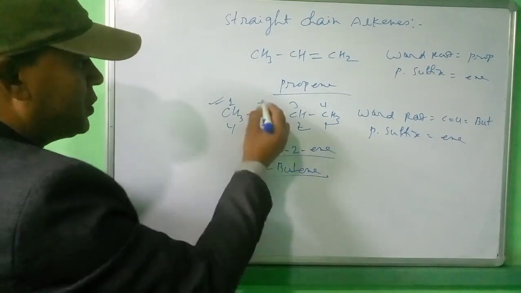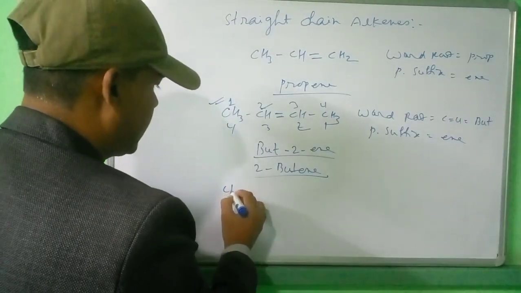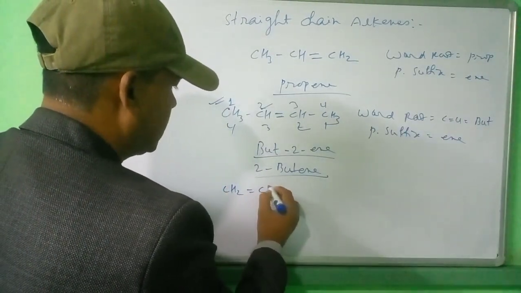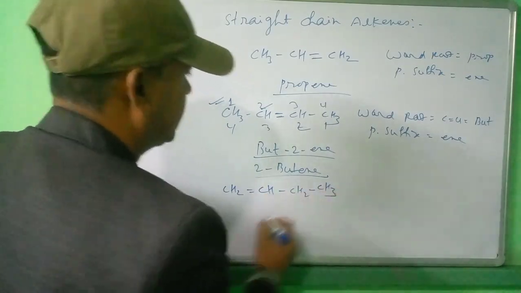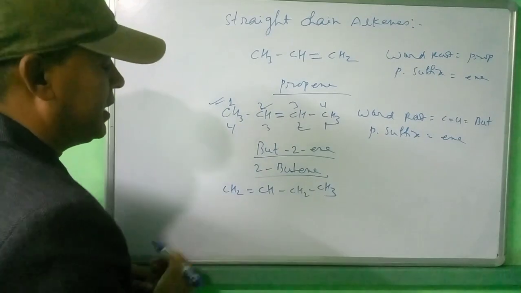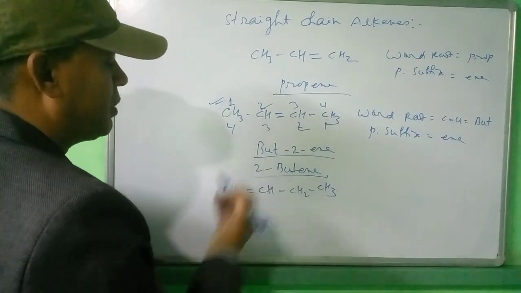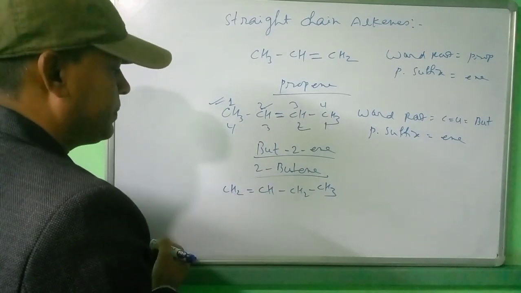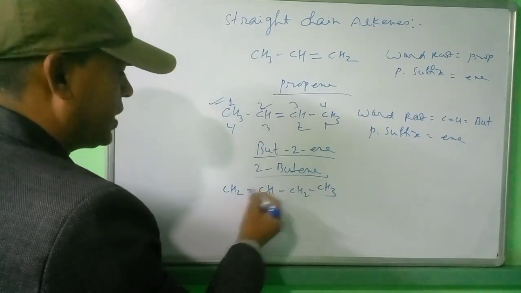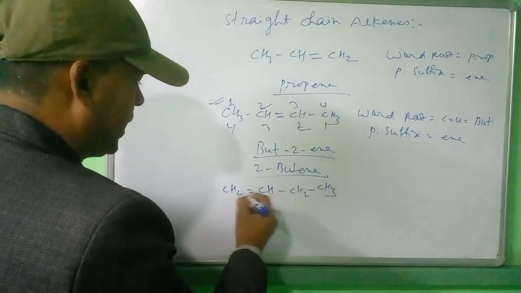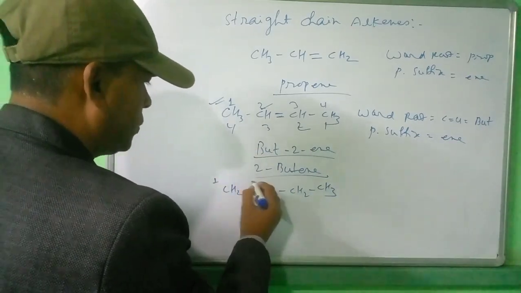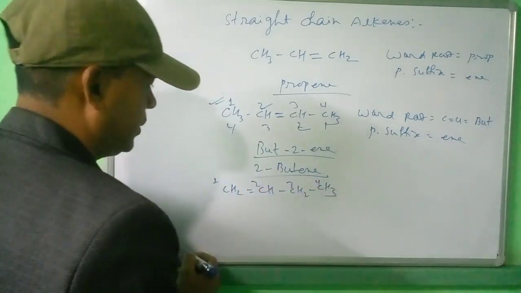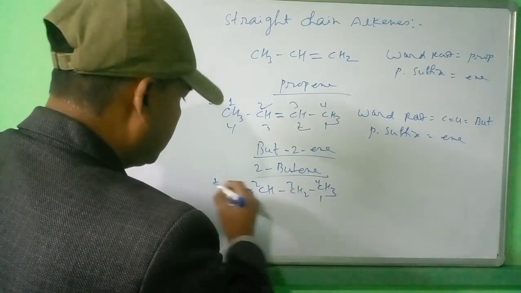Suppose your compound is like this: CH2 double bond CH, CH2 and CH3. The same number of carbons here, but the position of the double bond is changed. So now we have to give the number: 1, 2, 3, 4 left to right.